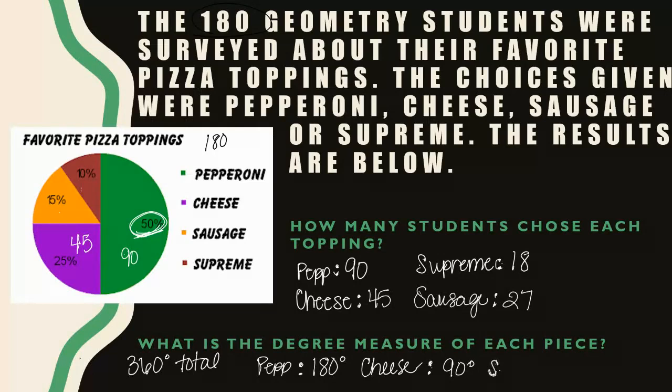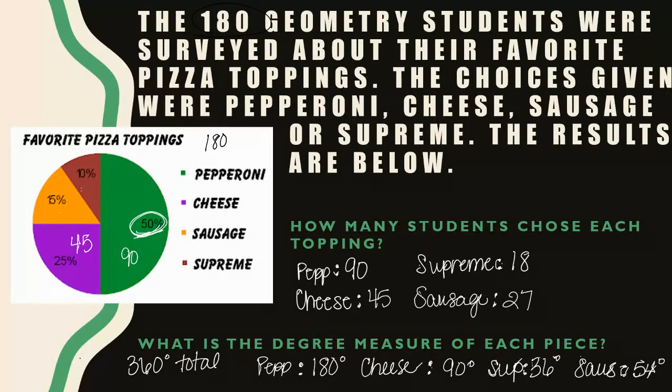The last two are supreme and sausage, and I'm going to do the same thing. 10% of 360 is 10 times 360 divided by 100 is 36 degrees. And then last is the sausage, and that is 15% or 15 times 360 divided by 100, and we get 54 degrees.